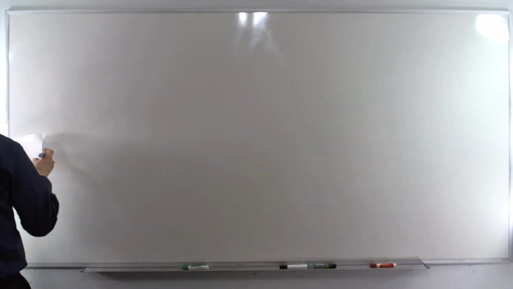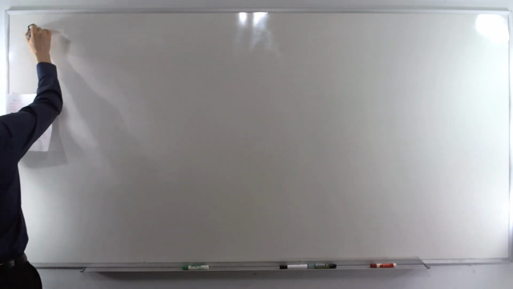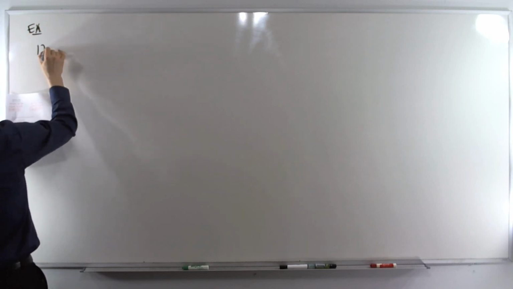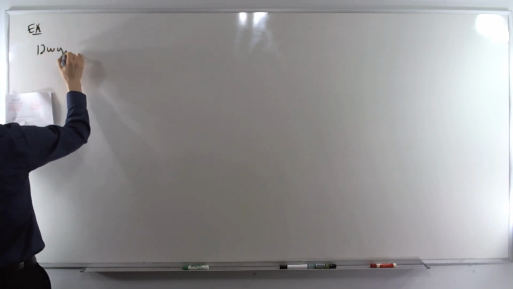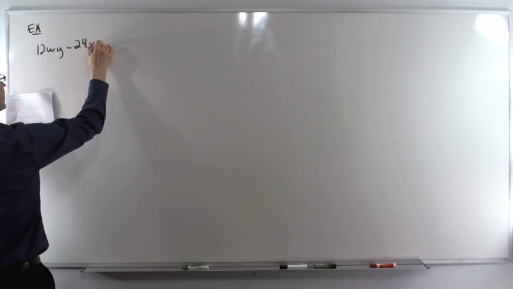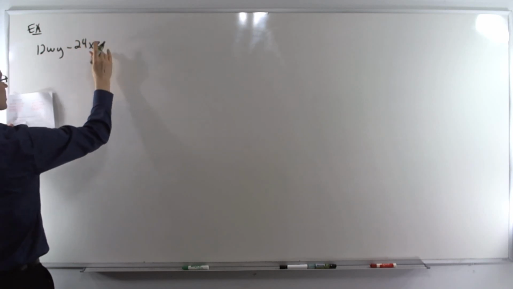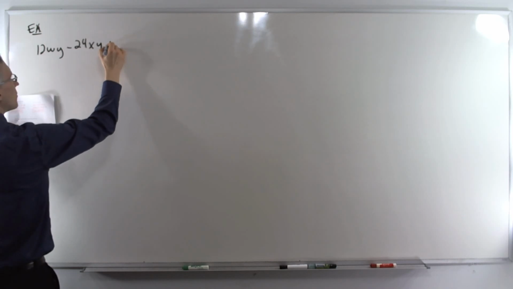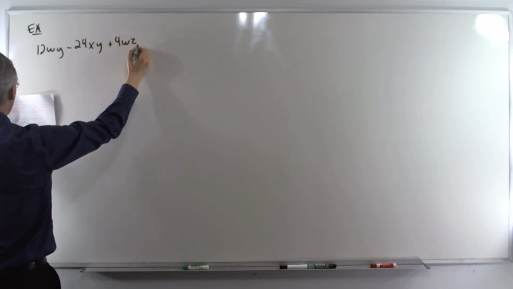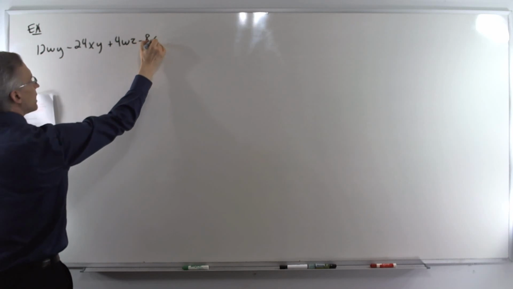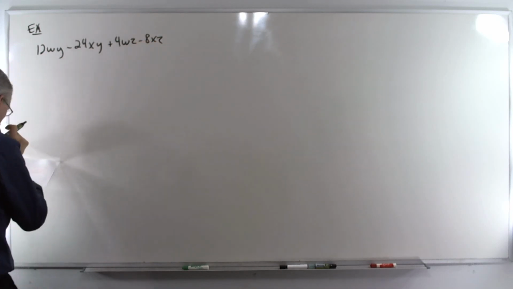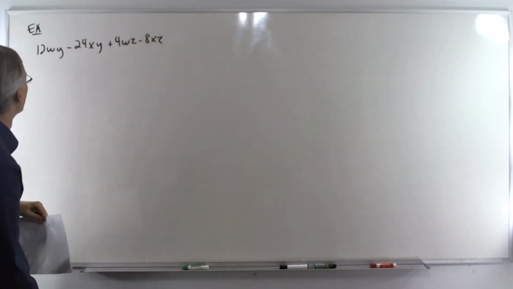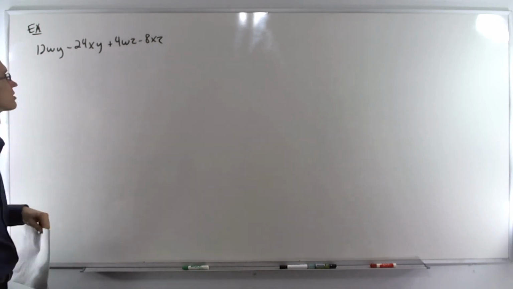So in the next example, we have 12wy minus 24xy plus 4wz minus 8xz. Now sometimes this GCF will be just numbers, sometimes it'll have variables as well.